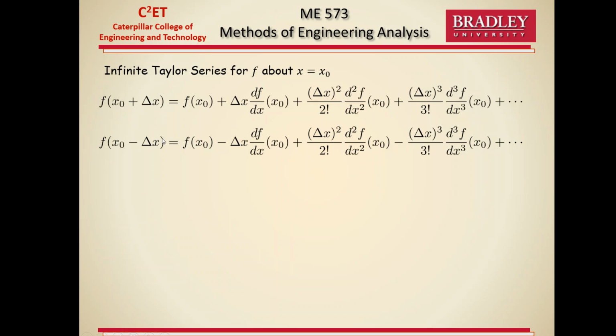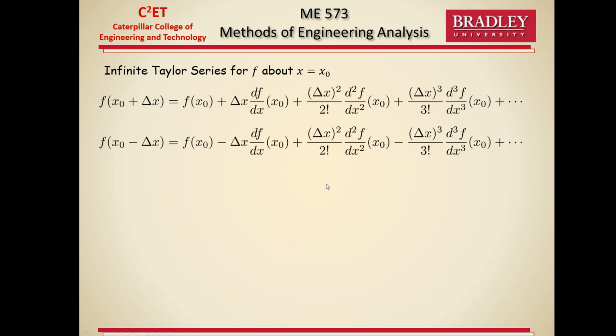And so you can see what happens in the odd ordered terms here. You now have a negative sign showing up. The difference is I'm at x0 minus delta x rather than x0 plus delta x. On the second term here we have a minus sign instead of a plus sign, and the same over here, and so on.